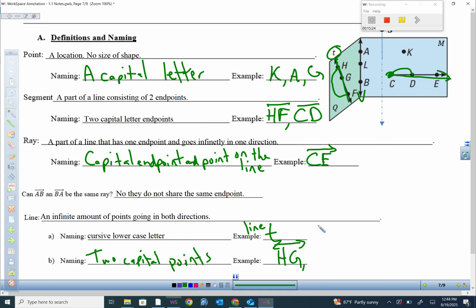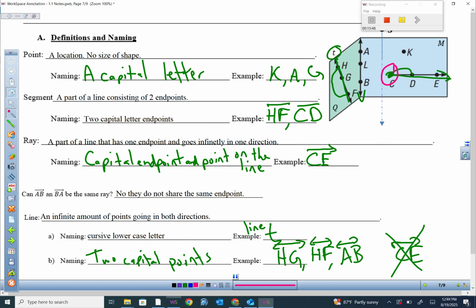Another example, HG, so you could do HF, going both ways. You could do AB. These are just examples, and you could go on forever. But you cannot do CE. This is a no-go because you see how this doesn't have an arrow at the end over here? This not having an arrow is a problem.